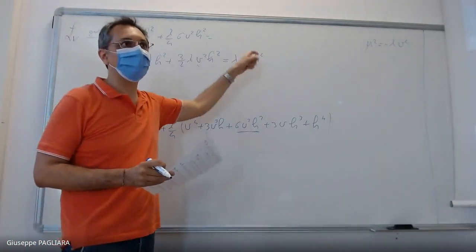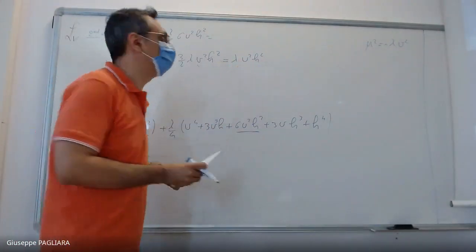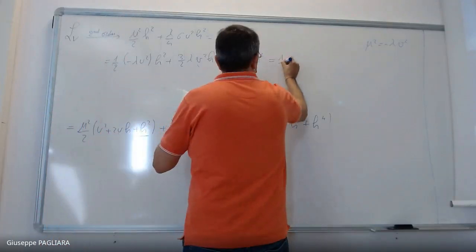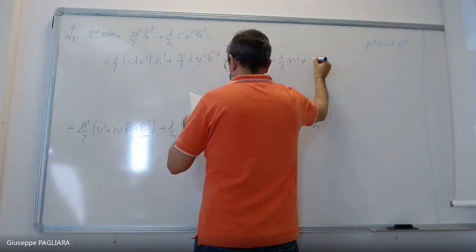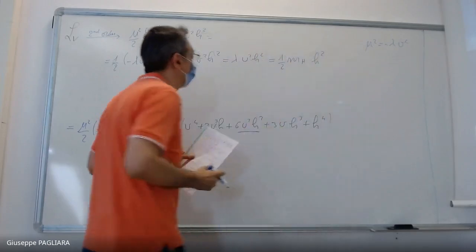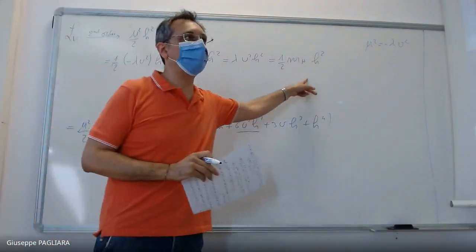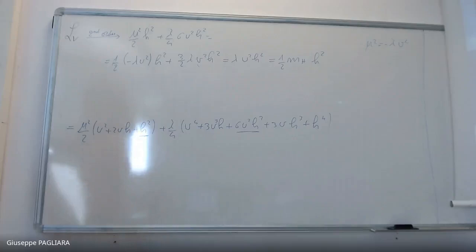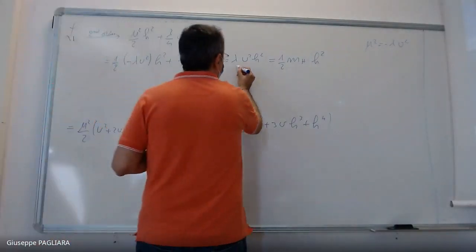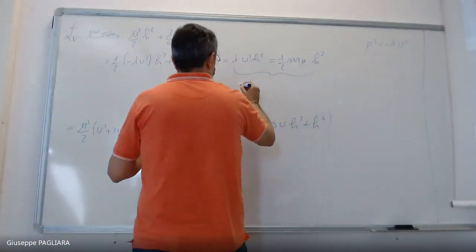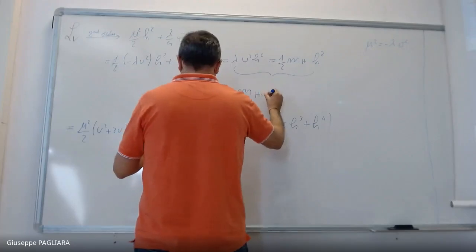So in the language of the Lagrangian, this has to be of the form 1/2 m_H squared h squared. This is the way the mass terms appear in the Lagrangian. And so from here, we can finally derive the mass of the Higgs boson.